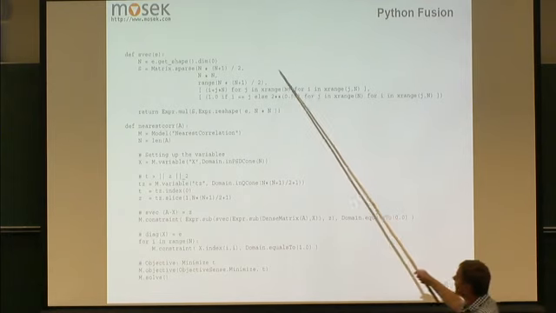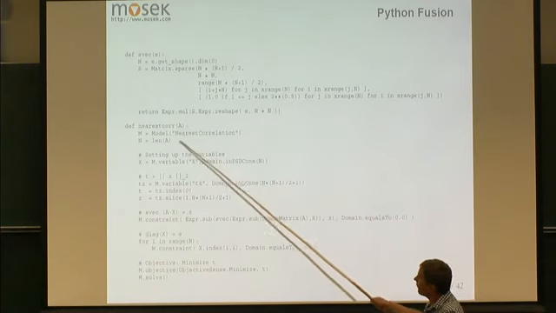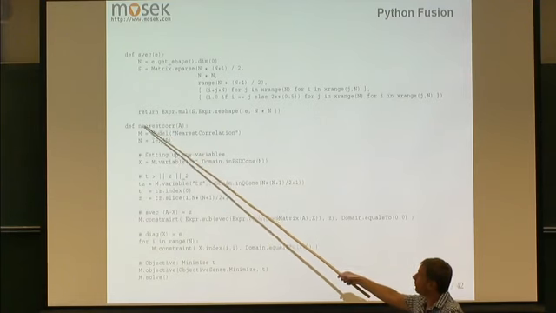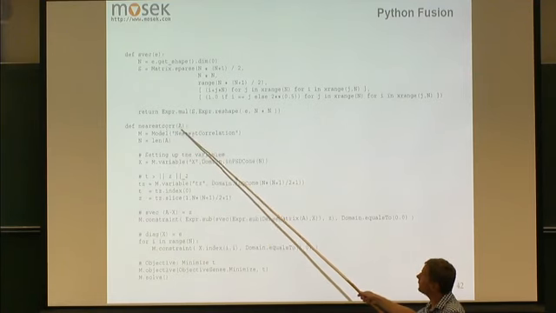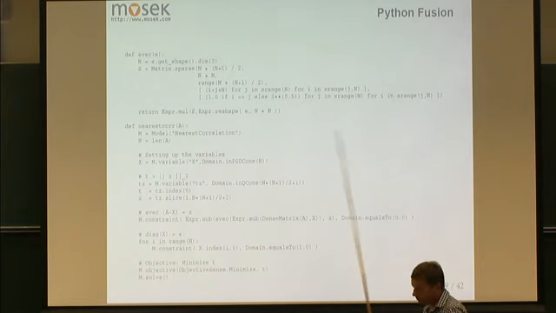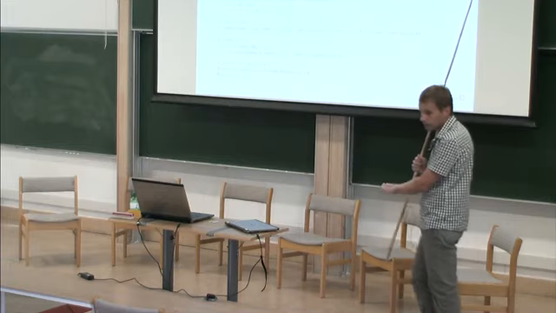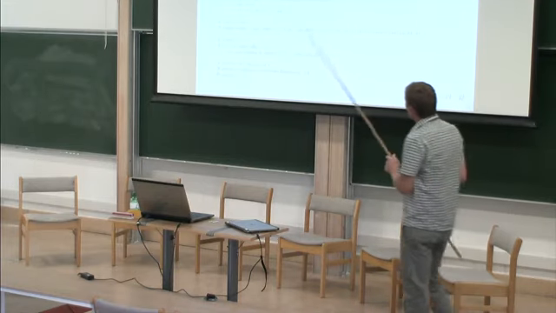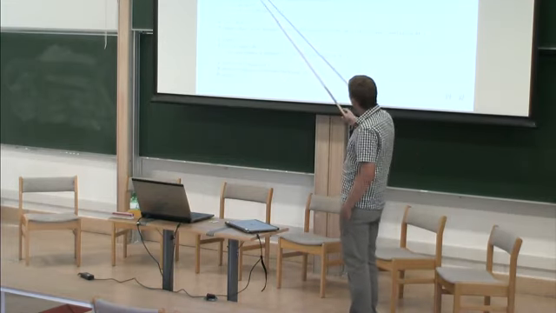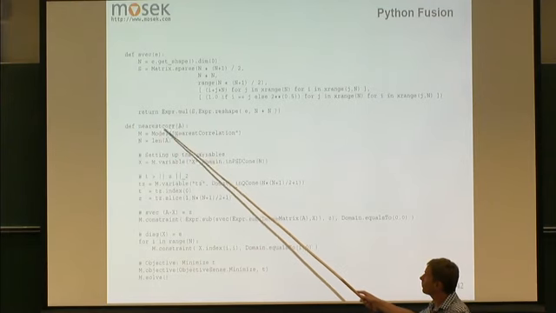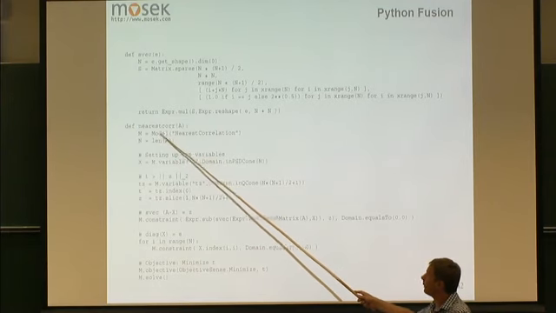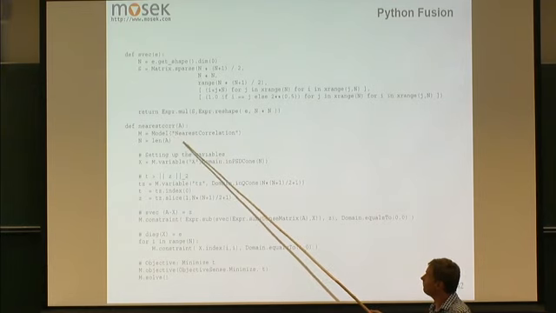And so if we forget about this and go down here, then this is a Python function. We define A as our matrix, and a matrix in Python is basically a list of vectors. I start by creating a model object and give it a name.